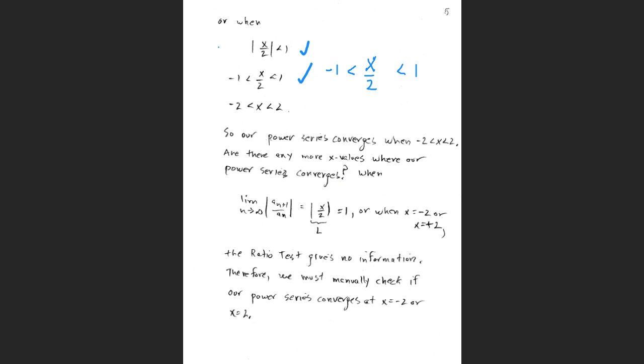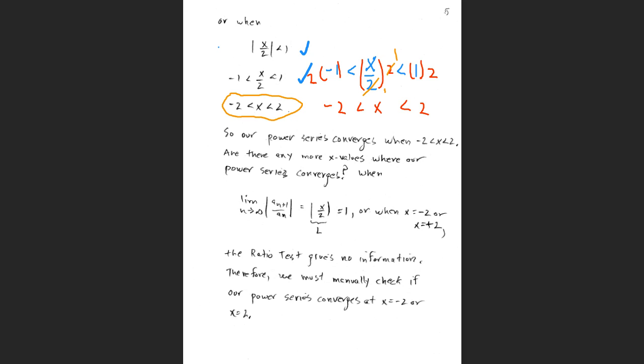What we can do is we can multiply through by a 2, right? And that'll give you -2 is less than x, which is less than 2, because the 2's cancel out. And so that gets us here.